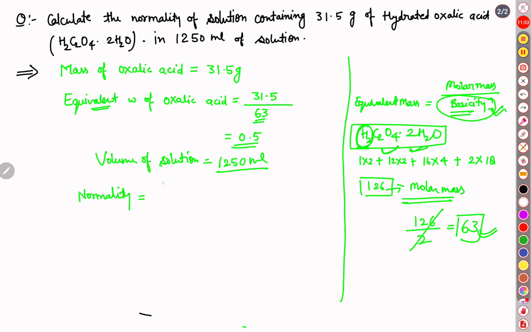The number of gram equivalents of solute is 0.5, we have found just now. So 0.5 by 1250 ml into 1000. Okay, and now if you solve this one, you will get 0.4 N. This is the answer.